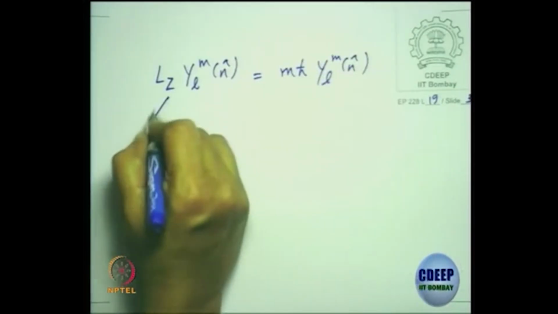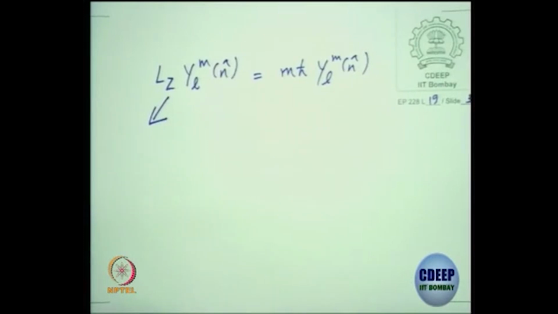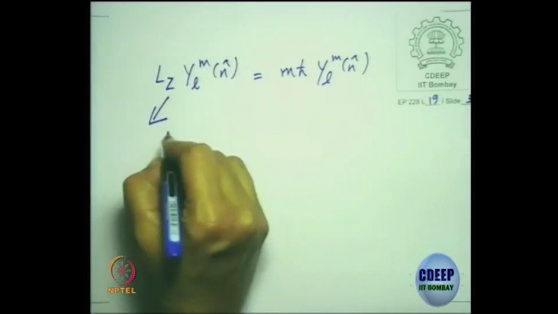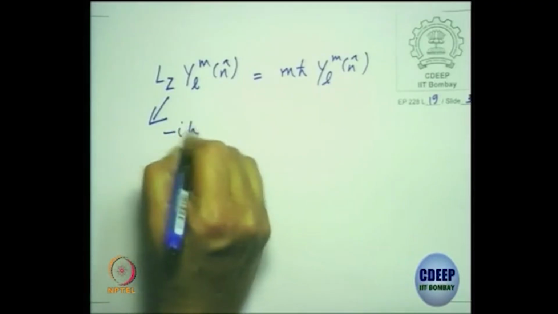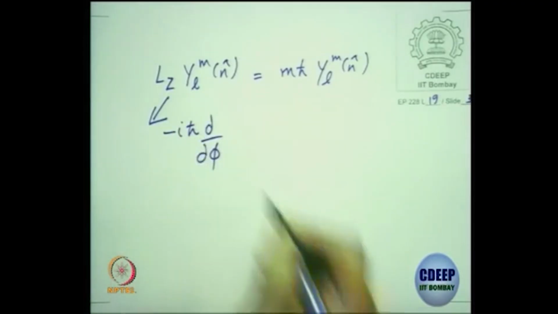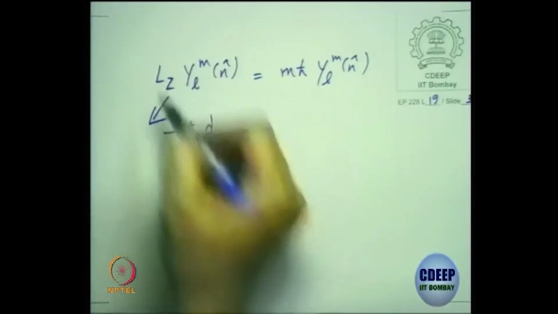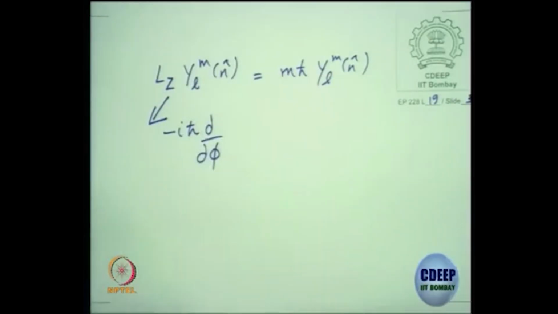And you can give a position representation for Lz, just like we did for the linear momentum. You know what these functions are, and you can find what satisfies this equation, and you can say Lz, the position representation, will be h cross del by del phi in spherical polar coordinates. Okay. If you do a del by del phi on the spherical harmonics, you will get an m h cross.